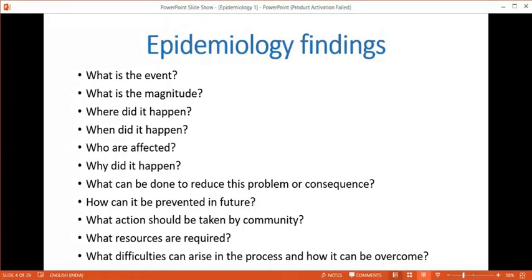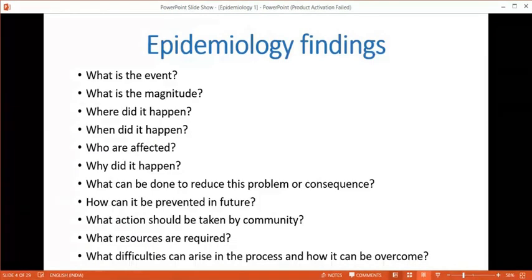So what was the magnitude? There was an increased number of deaths compared to the other diseases. Where did it happen? It happened within the city limits of London. When did it happen? It happened throughout that year. Who was affected? All adults and children, everyone was equally affected in this group.